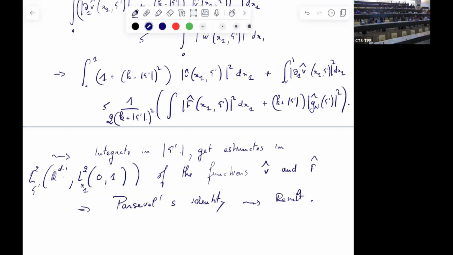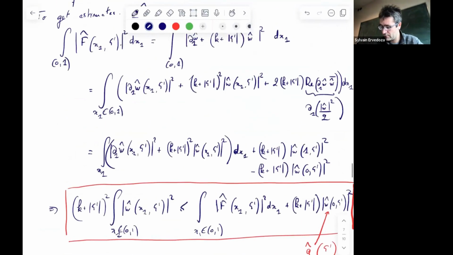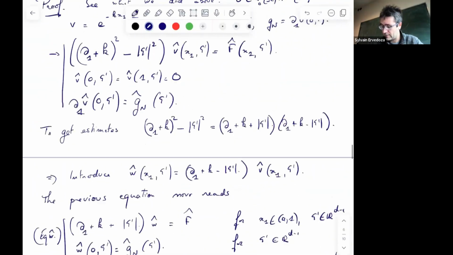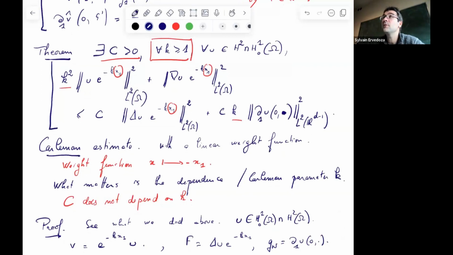I have one question about the Carleman estimate. What is the role of the parameter k in the Carleman estimate? Well, this is something I'm going to try to explain next time. You see in this estimate here, you know explicitly how everything depends on k, right?